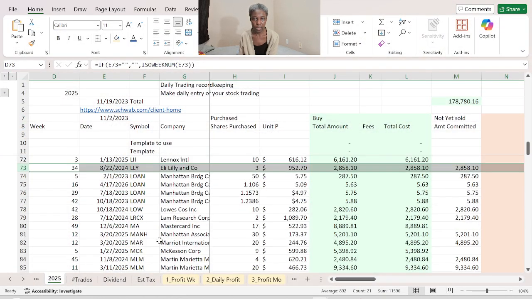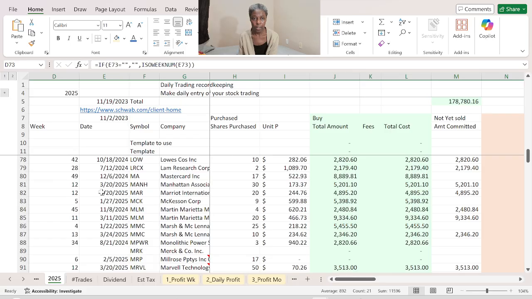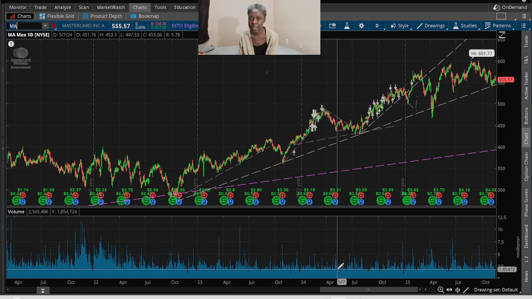If we come back to MA, in fact, it seems like we purchased it in 2024 and sold it this year. Let's take a look at it again. Yes, we did.